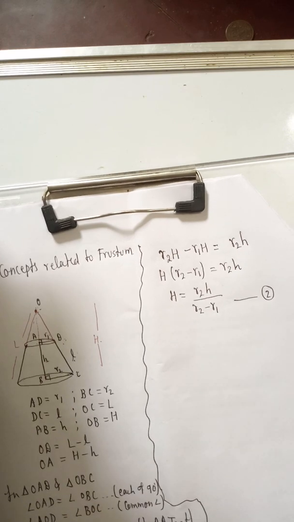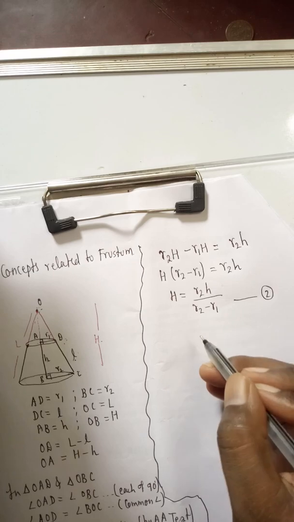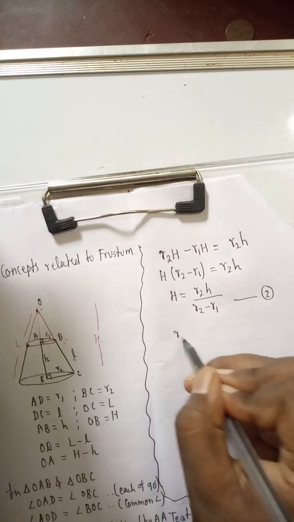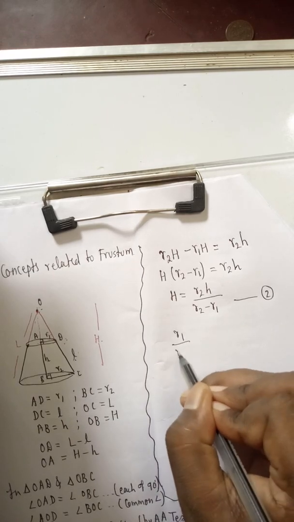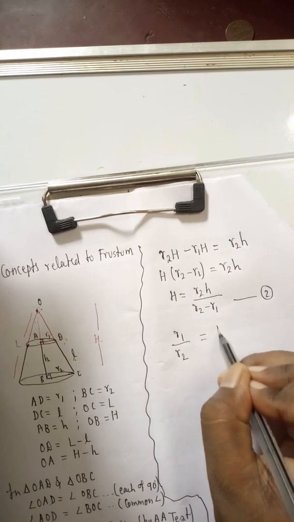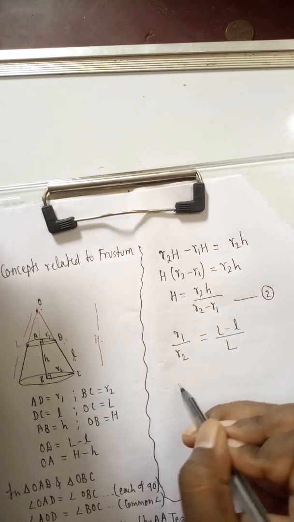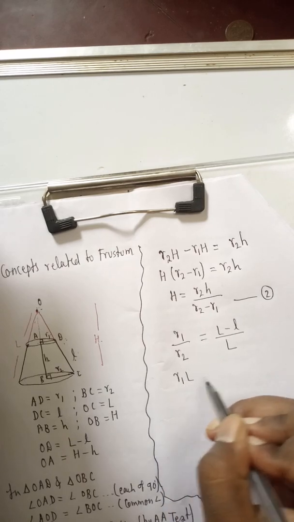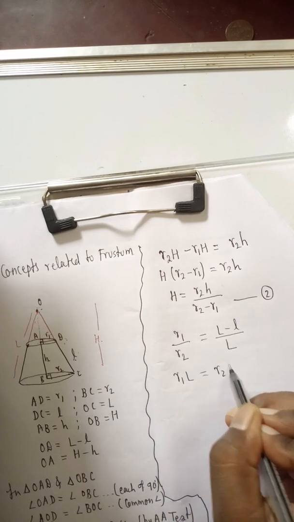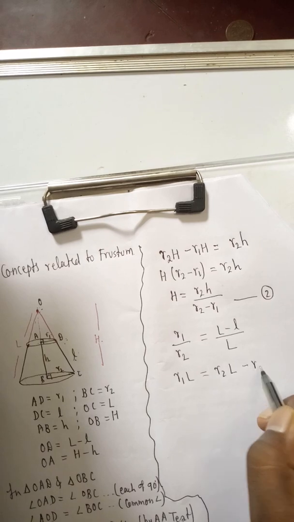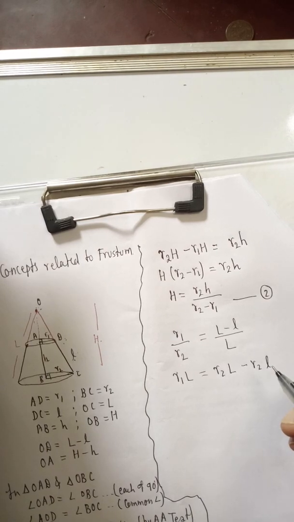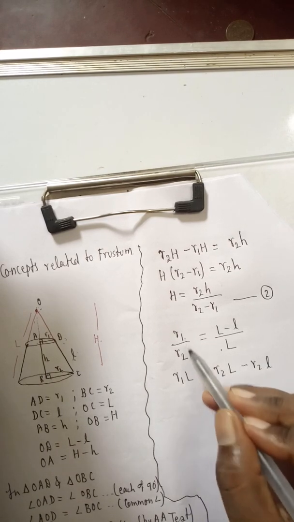Then in the same way I'm trying to find the value of capital L. So that is R1 upon R2 equals L minus l upon capital L. So this is R1 capital L equals R2 capital L minus R2 small l. I have just cross multiplied.